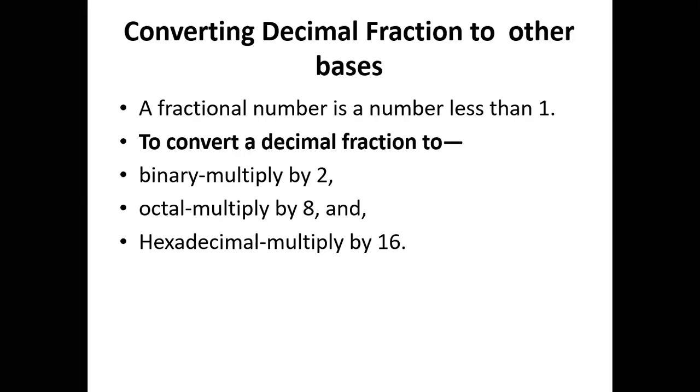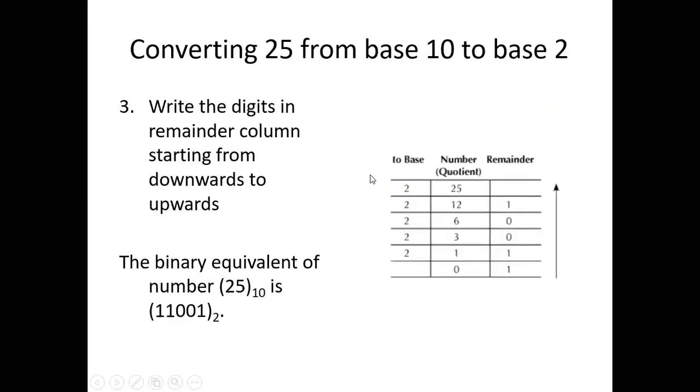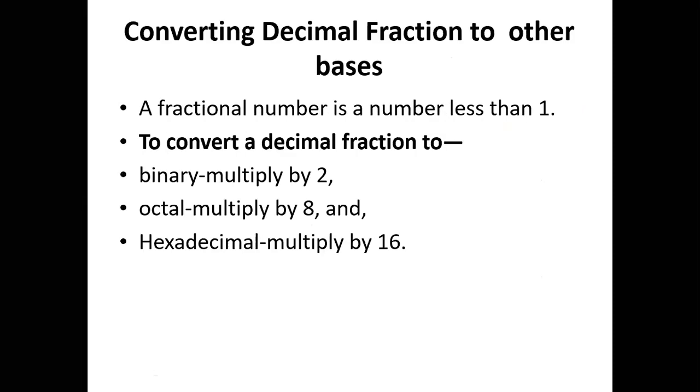So now the fraction part of a number. Remember we had that number 23.078. We have talked about how we convert the integer part. So we've got also to look at how we convert the fraction part of a number. To convert the fraction part of a number, you are going to multiply that fractional number by the base to which you want to convert.